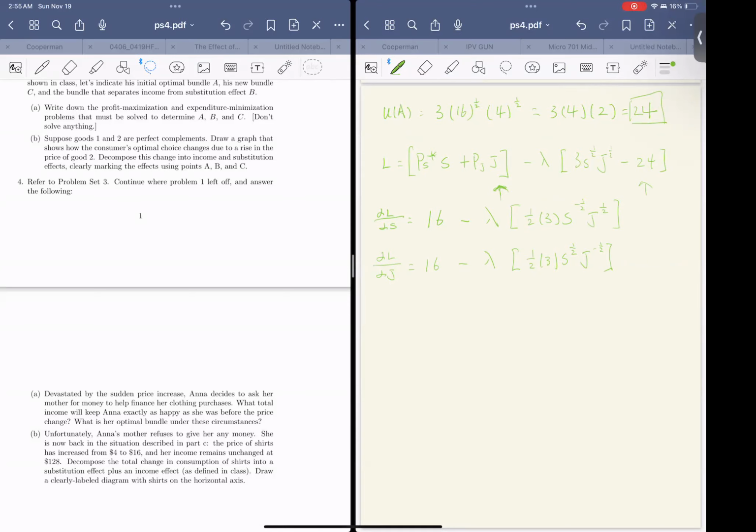16 equals 1/2 minus 1/2 lambda, so divided by 16. No, 16, it's divided by that.